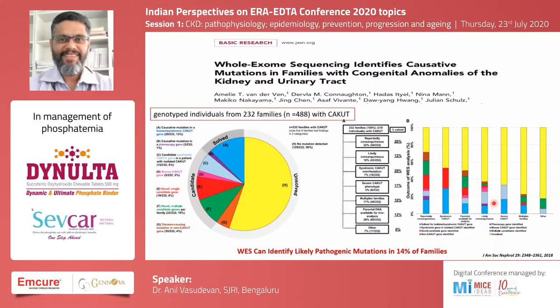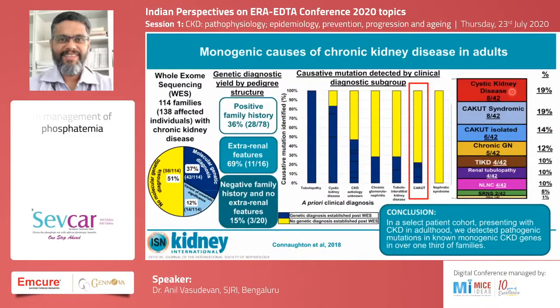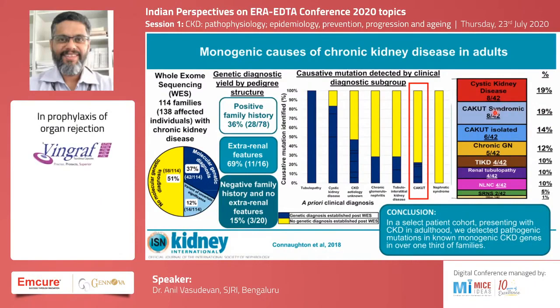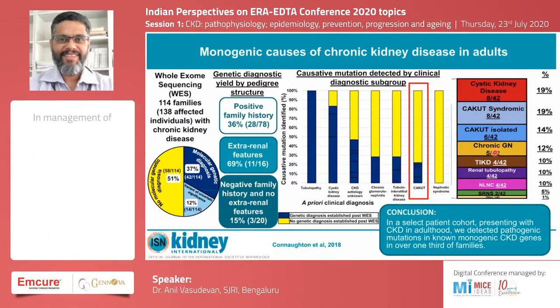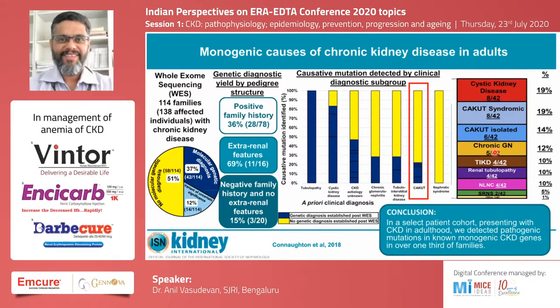And you can see again here what was seen in children, that if you have a cystic kidney disease, if you are syndromic, and if there is an isolated CAKUT but with a positive family history, you are more likely to have an identification of a genetic etiology. So the genetic testing burden is similar to that seen in children.